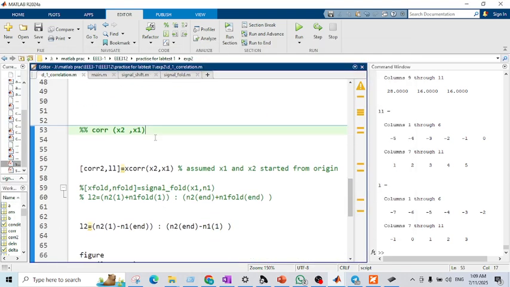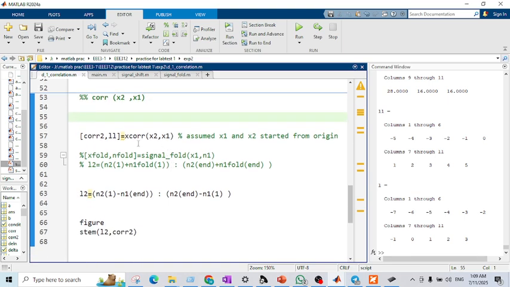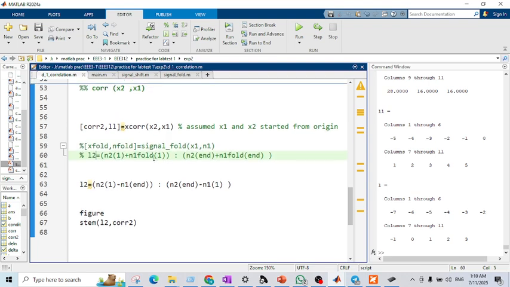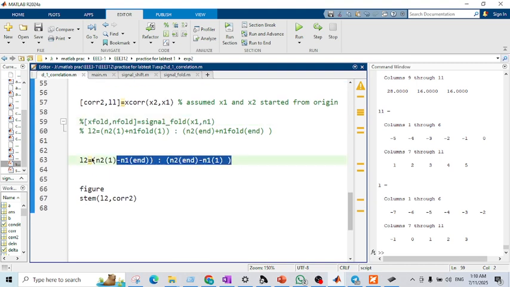Now let's see x2 comma x1. Similarly, you can use L2 like this, or you can use L2 like this. If you use this, then you have to fold the first signal. It's a hassle, so I didn't fold the first signal and directly used this line.